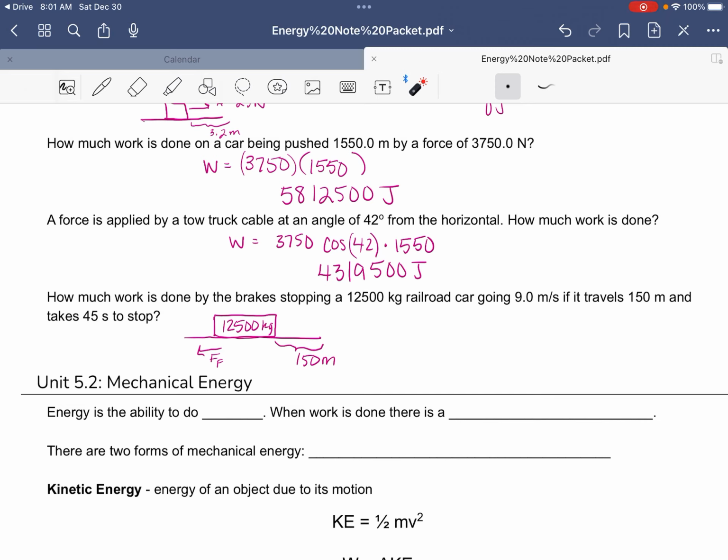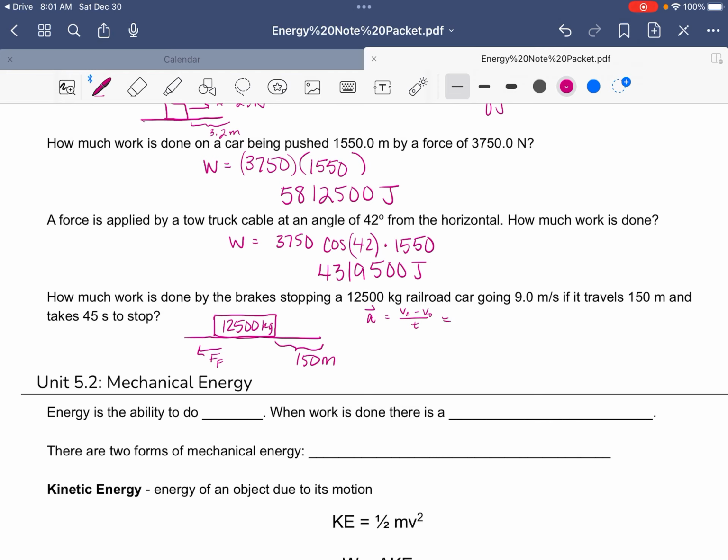Okay, so we know that force is equal to mass times acceleration. So let's first determine the acceleration. So remember that the equation for acceleration is our final velocity minus our initial velocity divided by time.